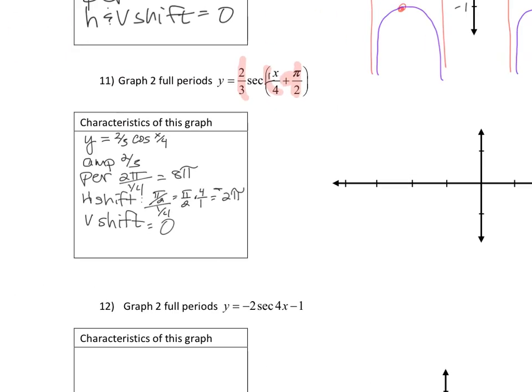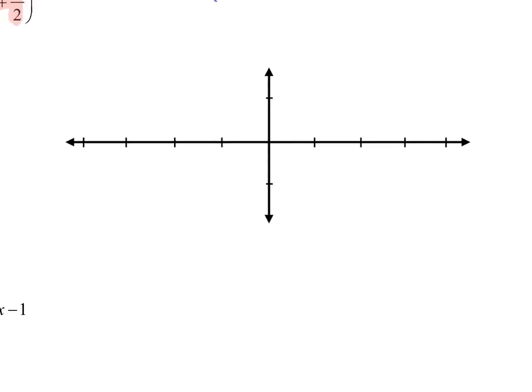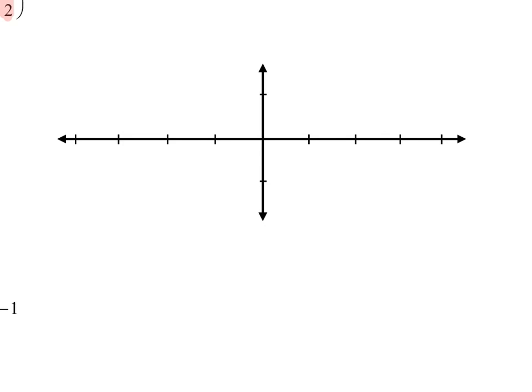All right, so we have 8 pi, half of that is 4 pi, half of that is 2 pi, 3 times that is 6 pi. Pretty simple. Minus 8 pi, minus 6 pi, minus 4 pi, minus 2 pi.